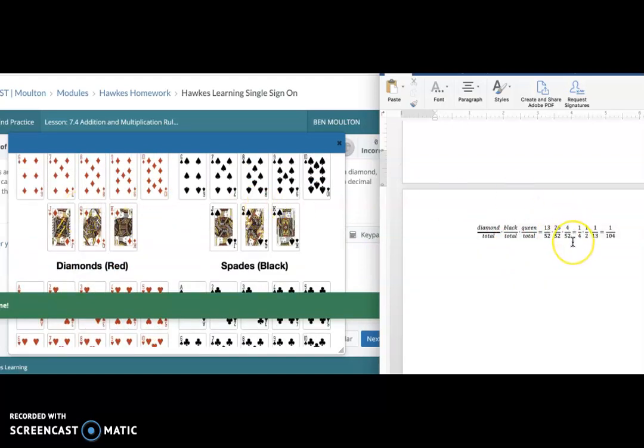That's why I have 4 out of 52. If you simplify all these fractions, with cards it's not too hard to do, I don't think. A quarter of your deck is diamond, so I've got 1/4. Half your deck is black, so I've got 1/2. And then I've got 4 queens, so basically 1/13 of your whole deck is a queen. Multiply it out. That's how I get 1 over 104.